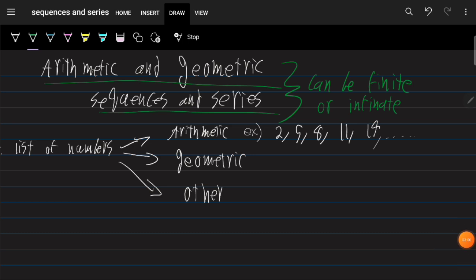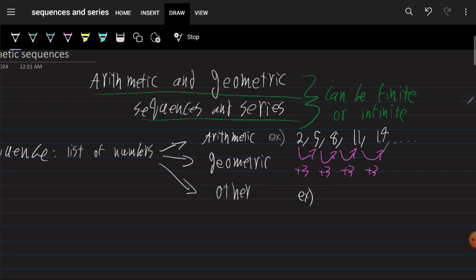In this case, the pattern we have here is that the terms are going up by threes, right? In order to get from one term to another, we have to go up by 3.